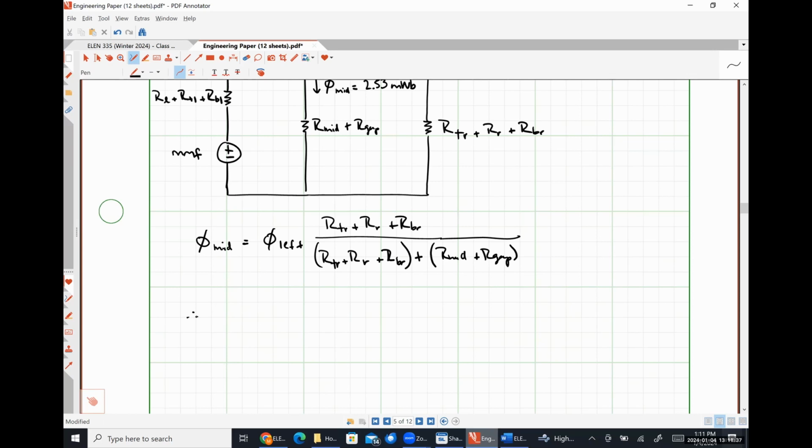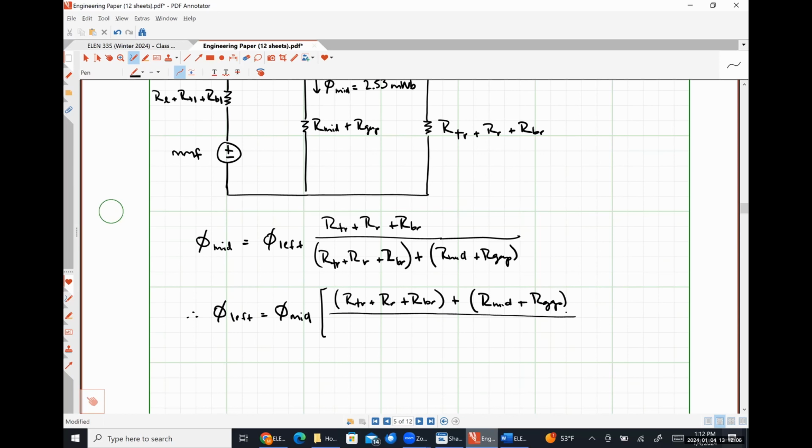So from this, phi left is going to be phi mid times the reluctance of the top right plus the reluctance of the right plus the reluctance of the bottom right plus the reluctance of the middle plus the reluctance of the gap, all divided by R top right plus R right plus R bottom right.